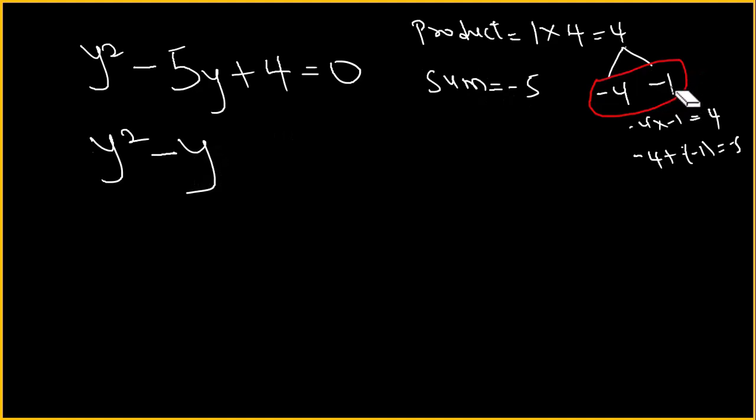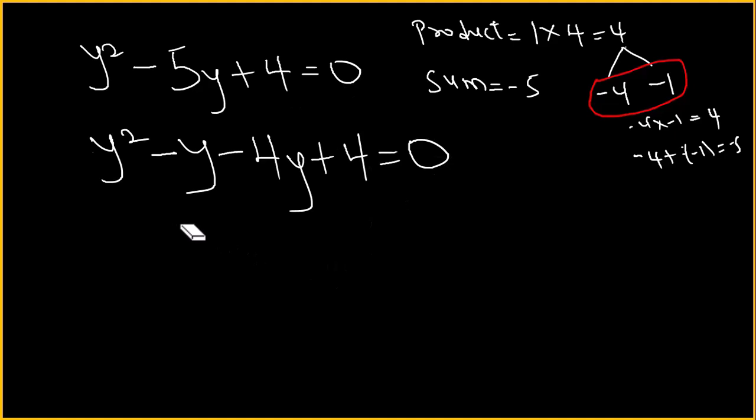Negative y is our negative 1y, and 1 multiplied by anything gives us the same thing, which gives y squared minus y minus 4y plus 4 equals 0. Summing up these two gives us back negative 5y, plus 4 equals 0.